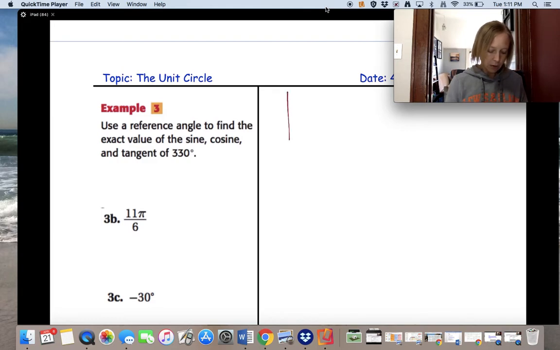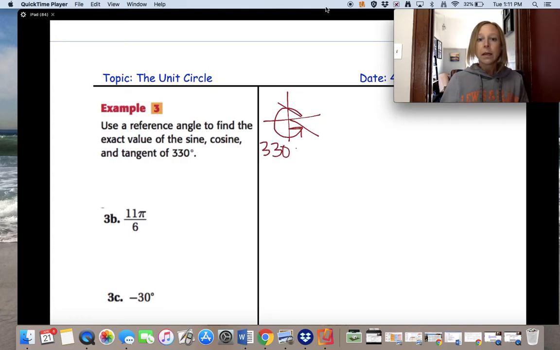So if I draw this out, 330 degrees, I would start here and I'd go all the way around right there. That's 330 degrees. But we learned that a reference angle is a positive angle that's formed by the terminal side and the x-axis. So here's my x-axis, here's my terminal side.